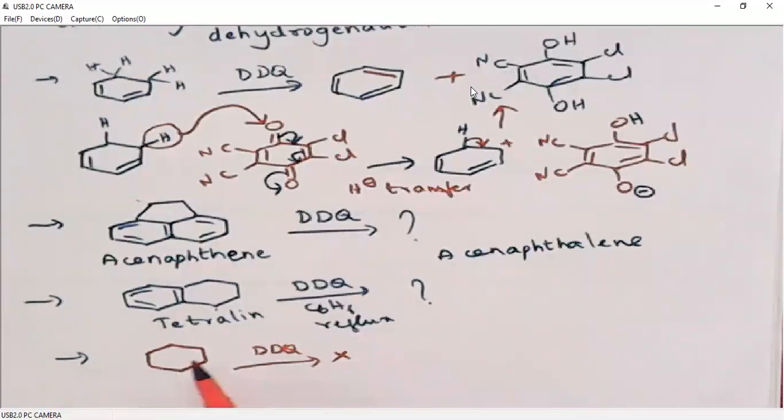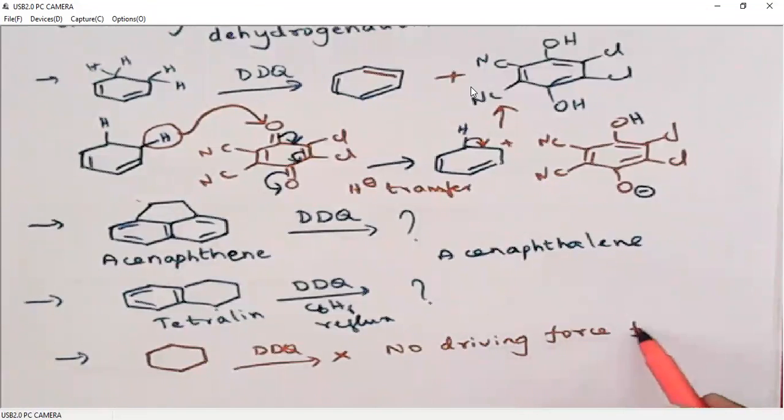Then if you want to oxidize it, we need to form three double bonds, and only then does it become stable. So that means in this case there is no driving force for dehydrogenation. If you give some simple alkane and want to oxidize it with DDQ, it is not possible.